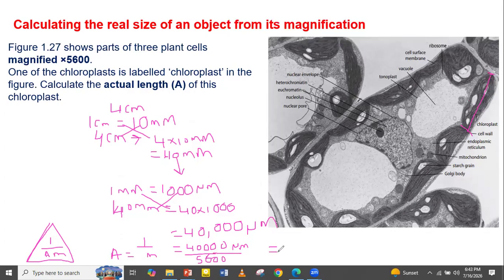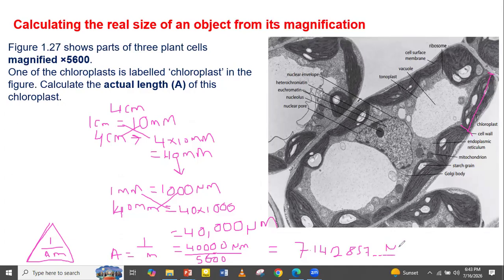So our answer, you get your calculator very fast. What is the answer we are getting? 40,000 divided by 5,600. If you look at the answer, it's 7.142, and there are other values, 857, and so on.